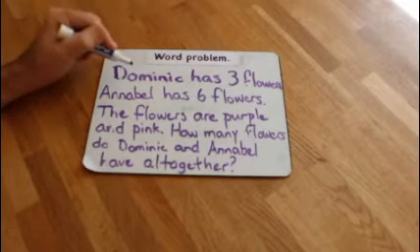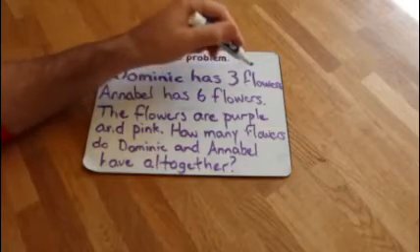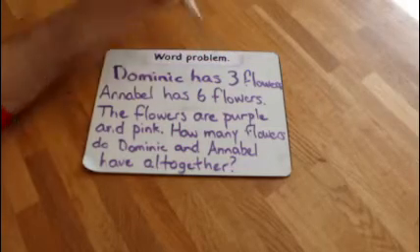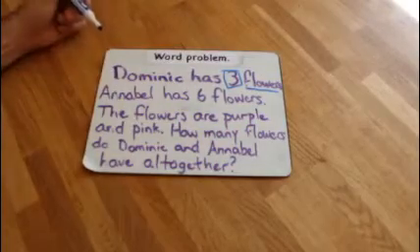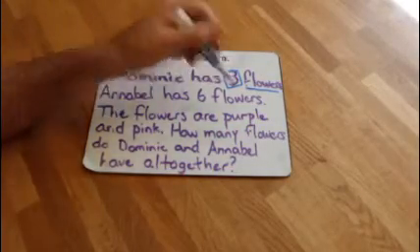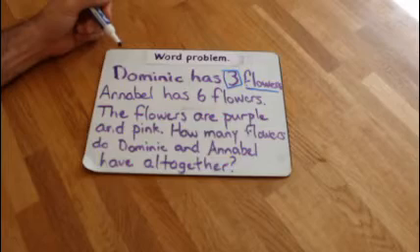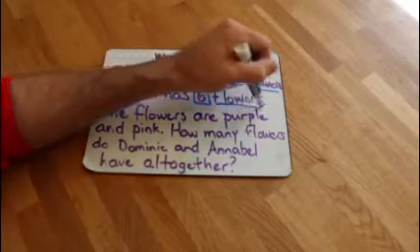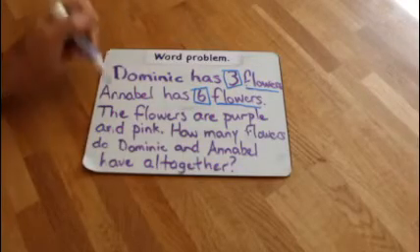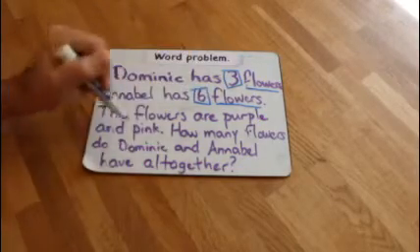Let's see what's important. Dominic has 3 flowers. What's important? 3 flowers. Annabelle has 6 flowers. What's important? 6 flowers. The flowers are purple and pink.